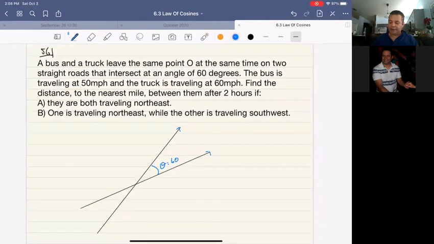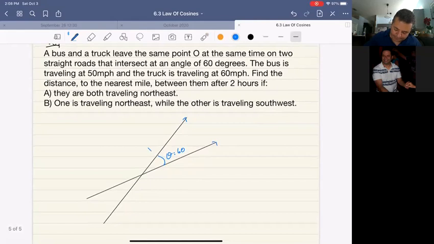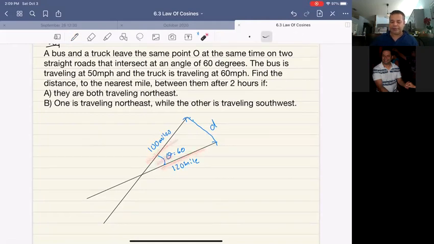So let's make our triangle be 100 miles, 120 miles. Okay, so this distance between them is going to satisfy the law of cosines, right? We have two sides and an angle between them.